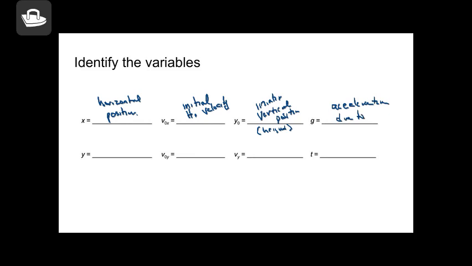y is going to be our final vertical position or a final height. This is going to be our initial vertical, and I'll put a v there for vertical velocity. And this is our final vertical velocity.